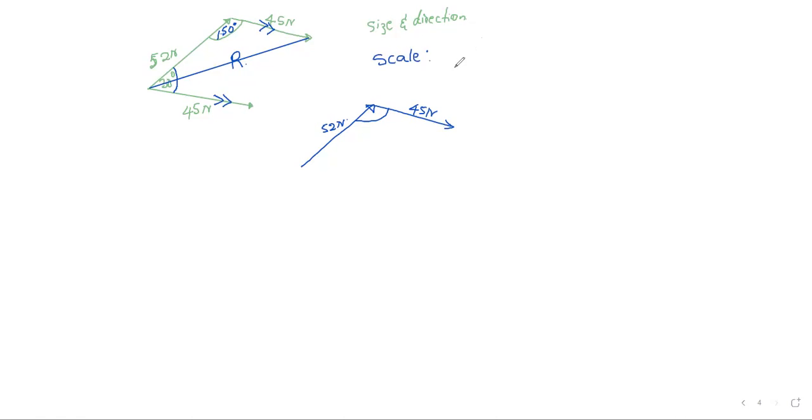You can say 10 newtons is equal to 1 centimeter.